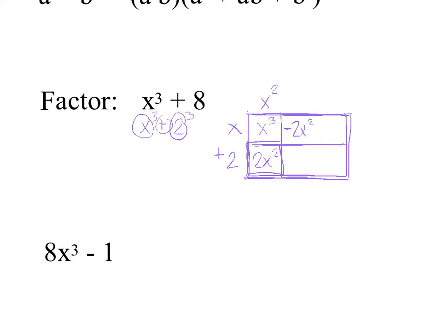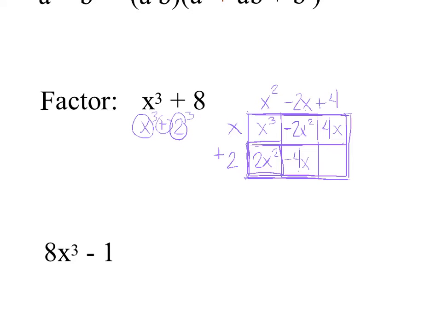And so if that's a negative 2x squared, then I have to take x times negative 2x to give me negative 2x squared. And if that's negative 2x, then this bottom is going to be negative 4x. Once again, you'll notice there is no x here. So if this is negative 4x, I need this up here to be a positive 4x. And if that's going to be a positive 4x, then I need this to be a plus 4 in order to get that.